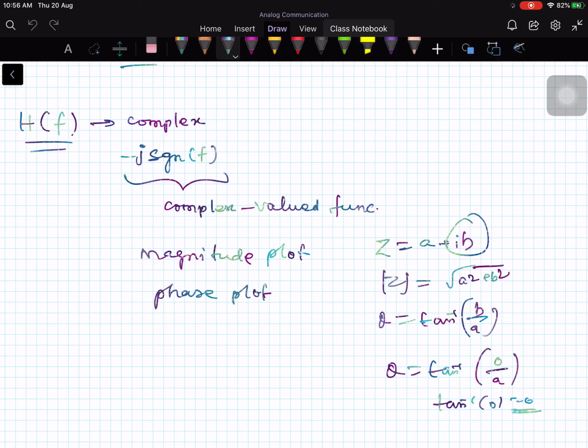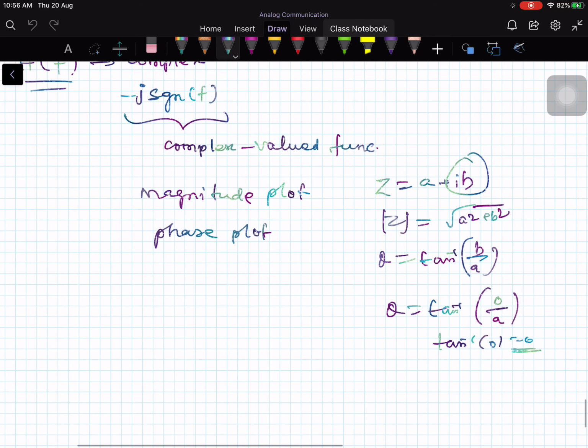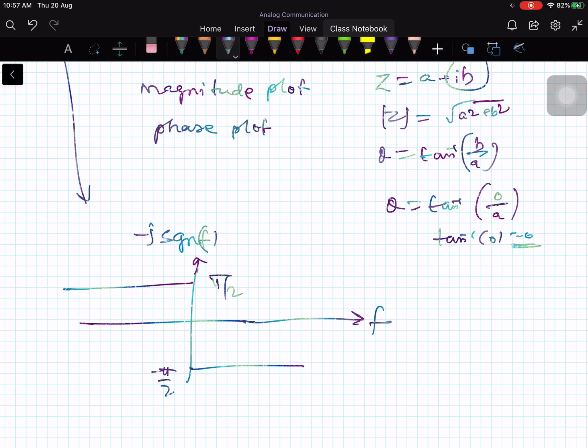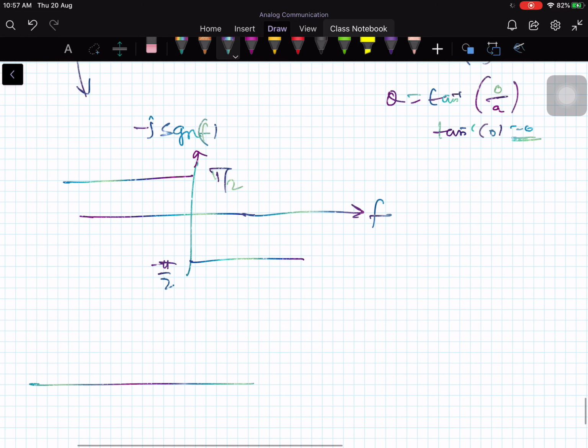Okay, so the same thing we can do here also, because H of f is complex. So minus j times signum of f looks like this. For positive frequencies, you have the phase shift of minus pi by 2. For negative frequencies, you have the phase shift of plus pi by 2. This is frequency. If you take the magnitude, then the magnitude is constant for all frequencies. The magnitude is 1.